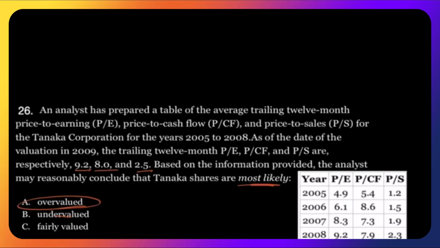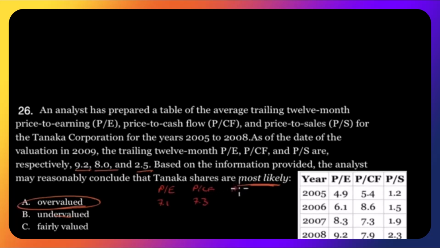However, there is another way that you can do it, and I don't agree with this method. And even in the lecture that I did, in the videos I did, I said I don't agree with this. But you can just take an average of these 4 years, and if you took an average on the PE, the average PE is 7.1. The average price to cash flow is 7.3.